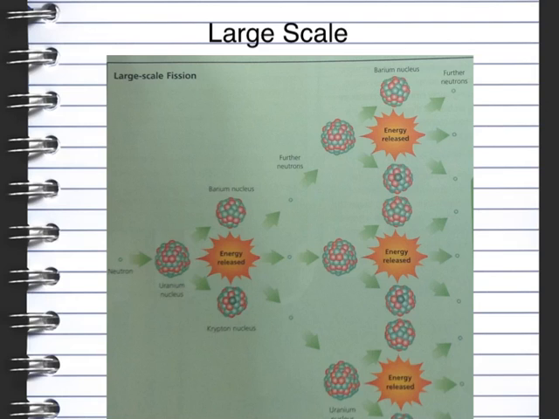When it's gone out of control, this is what happens during a nuclear explosion, a nuclear bomb, where you get a vast amount of energy released in a very short time. The fact that we can control this means that it's able to be used as an energy source.